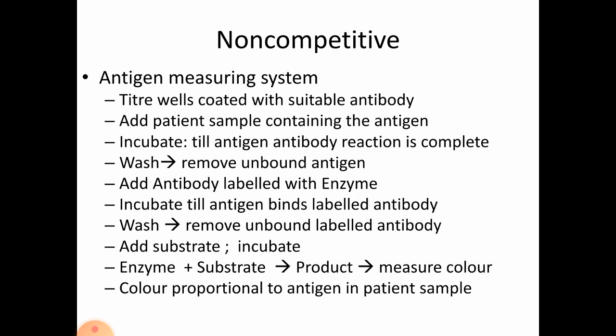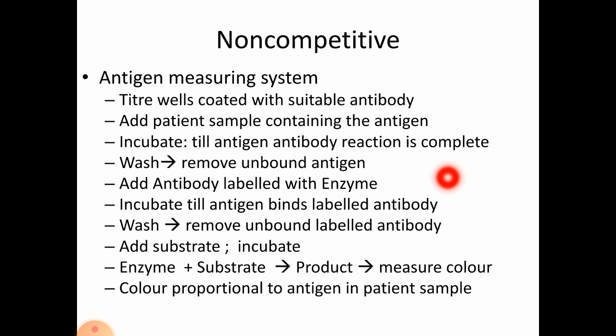Next is non-competitive ELISA, which is divided into two, antigen and antibody measuring. In the antigen measuring system, the titer well is coated with suitable antibodies, and the patient sample containing the antigens is added. It is incubated for a certain time so that the antigen antibody reaction is completed, and the next step is washing to remove the unbound antigen.